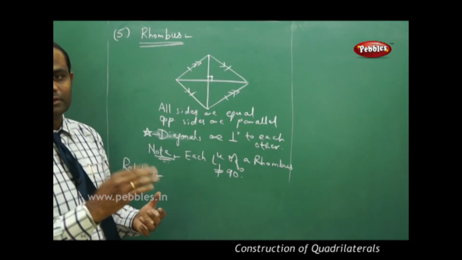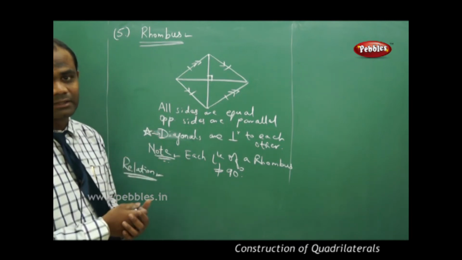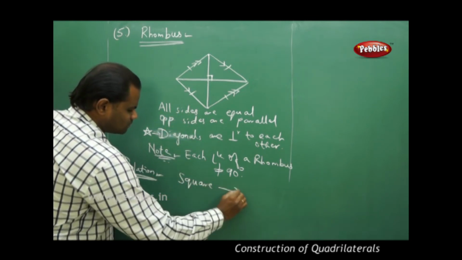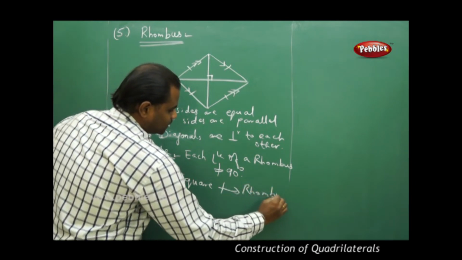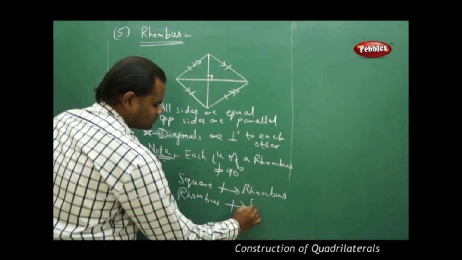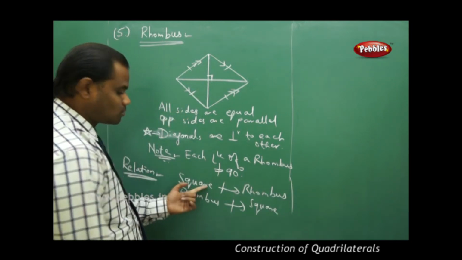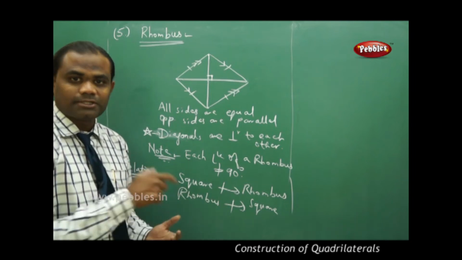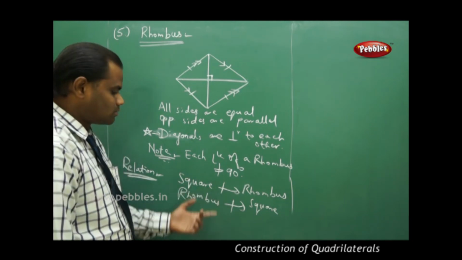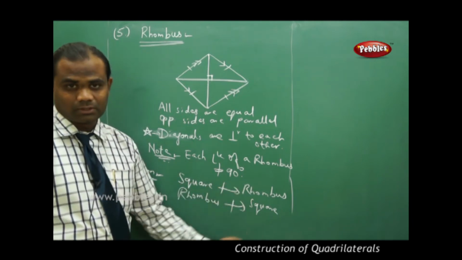A square doesn't have the diagonals cutting at 90, so a square cannot be called a rhombus, and a rhombus cannot be called a square, because in a rhombus each angle is not 90 but the diagonals are perpendicular to each other. So neither of the properties is a subset of the other.